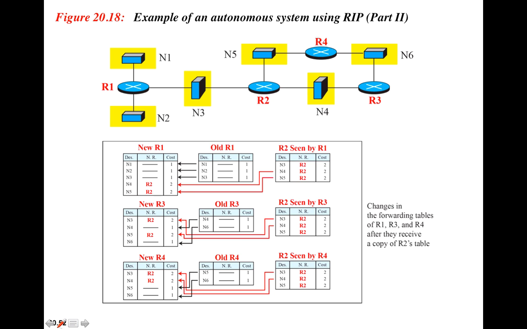It is actually N5. And it will update the values accordingly. So as you can see now, R1, R3, and R4 have had their routing tables updated based on the values they have received from R2.